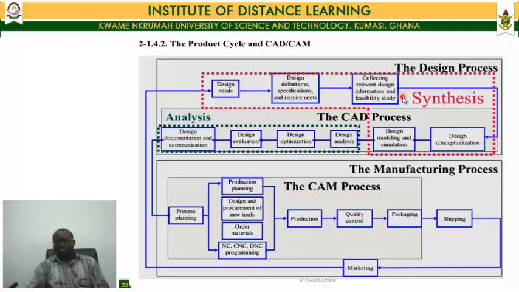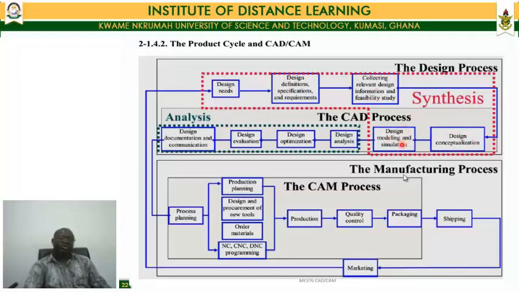Then you collect relevant design information and do a feasibility study. Now, in this process, you will be synthesizing the information. So this side is called synthesis, information synthesis. Collecting the design information and then using that information to also do your conceptualization is all part of the synthesis. From the concepts, you come out with a design model.